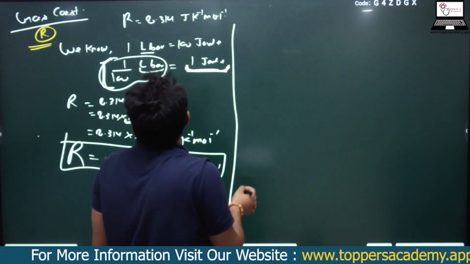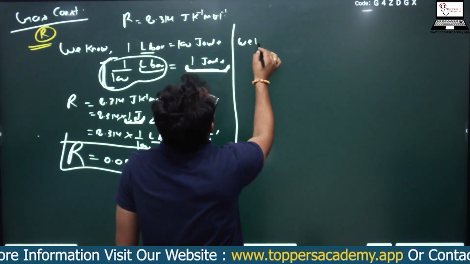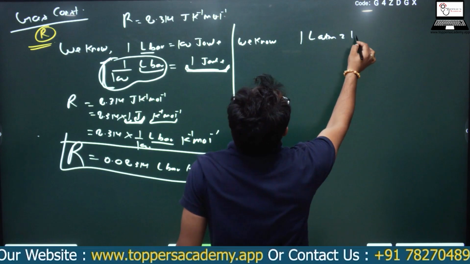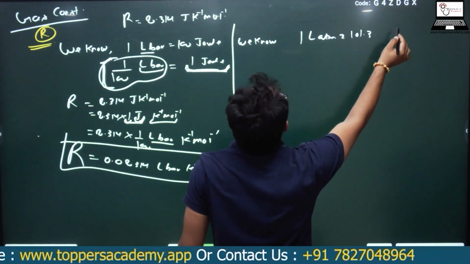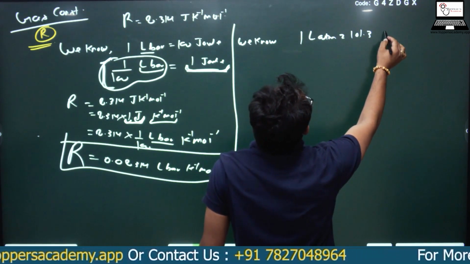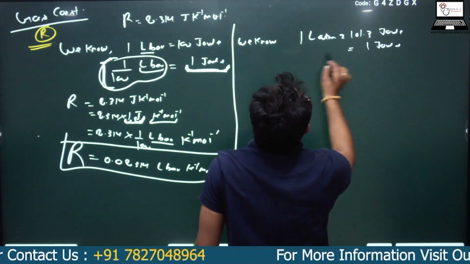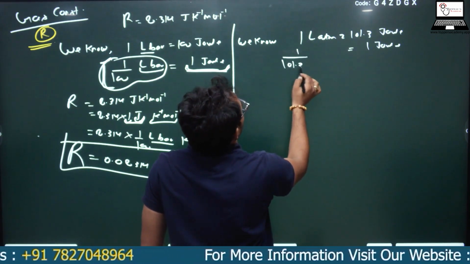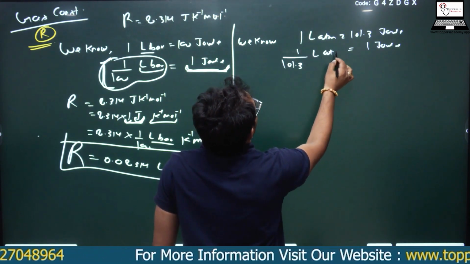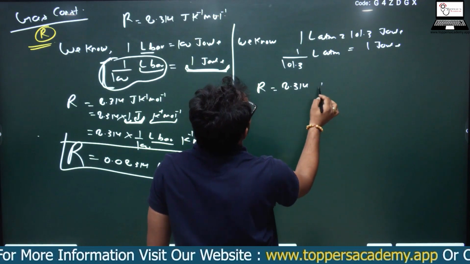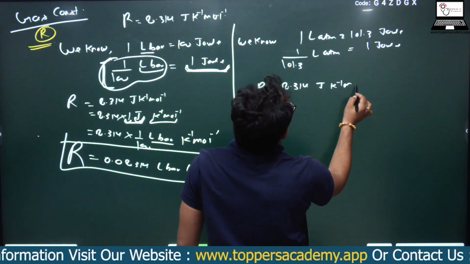Now my dear students, we know that 1 liter ATM is equal to 101.325 joule. So obviously the value of 1 joule will be equal to 1 upon 101.325 liter ATM. We know that R is equal to 8.314 joule Kelvin inverse mole inverse.